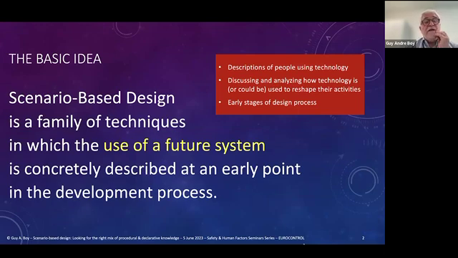So in fact, in doing this, I try to describe people using technology. It's interesting, I will come back on this, but for quite a while now, we want to predict what a system could do, but prediction is not anticipation.